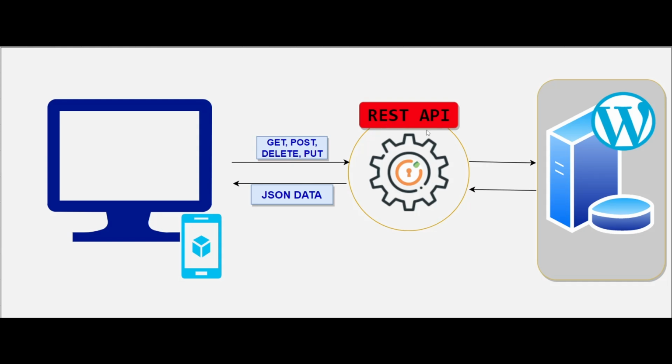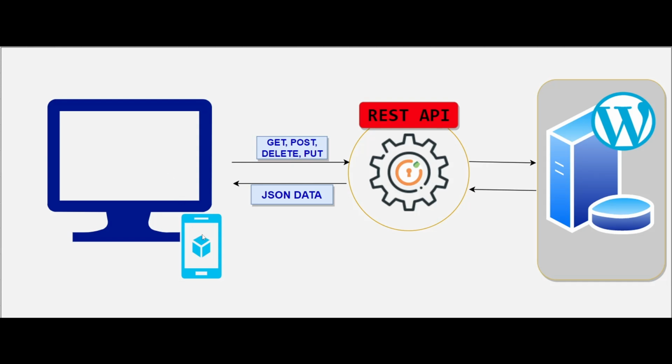REST stands for Representational State Transfer, and API is an application programming interface, which is used by mostly modern web platforms. So you will have the ease of JSON data with this, so that you can parse and use it in any software.